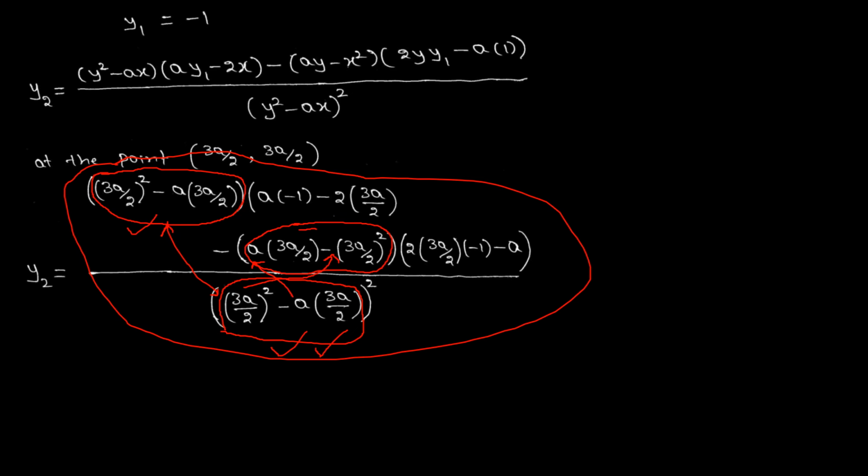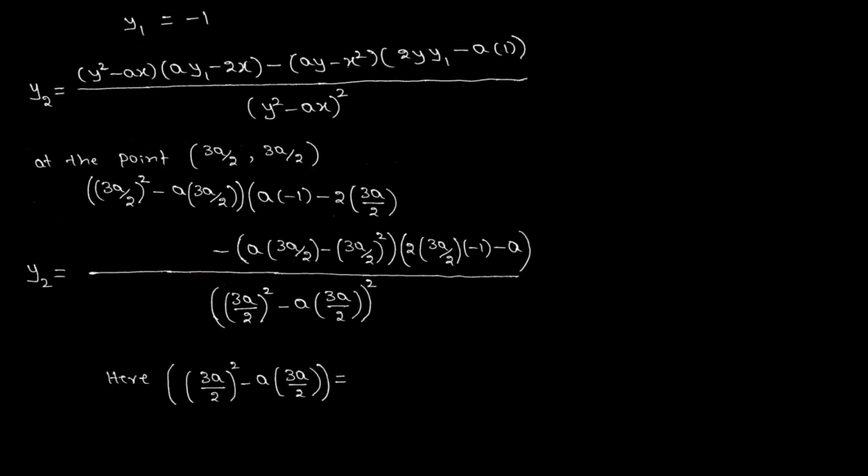Now let us take this out and simplify. Let us take this term out and simplify separately. Now when you square each and every term here, what you get is 9a square by 4 minus 3a square by 2.